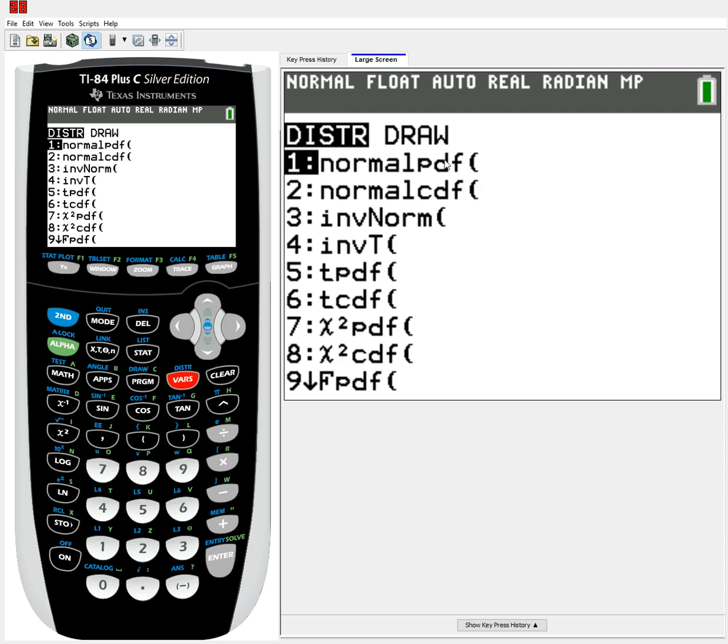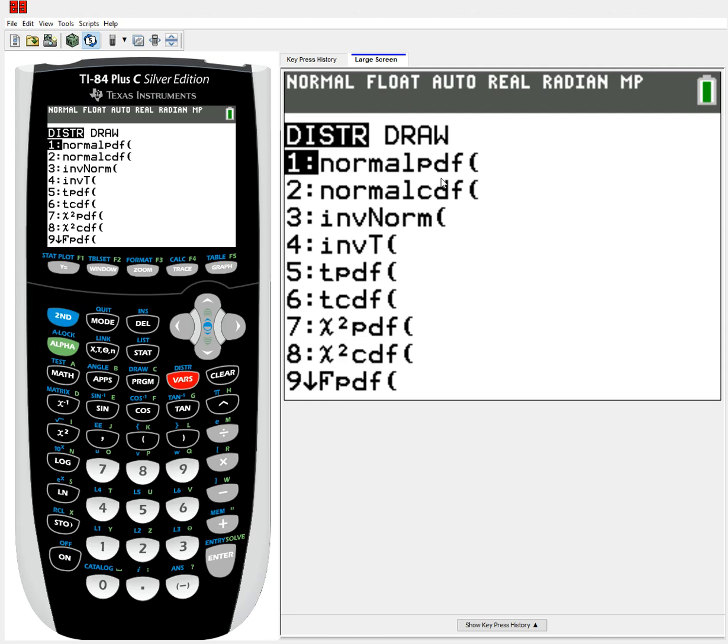These are going to be the functions that give me the values that I want in a normal curve. Normalpdf will find the singular height at any given value. So if I find a z-score, I can find its given y value or its height according to the normal curve. If I have normalcdf, then I can find the cumulative probability from one value to the next, maybe from negative infinity up to a value, or from two different values on the given probability distribution.